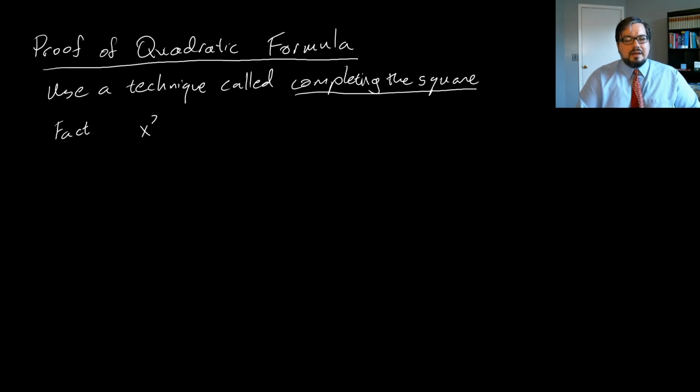If I have x squared plus, let me use a letter that we haven't used yet so far, if I have x squared plus fx, and then if I happen to have f over 2 squared, well, this expression right here, where f is some real number, is equal to x plus f over 2 squared.